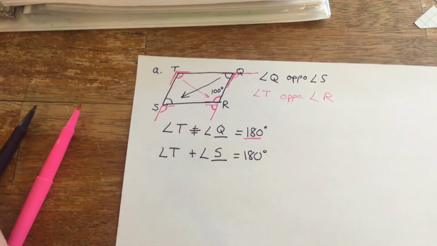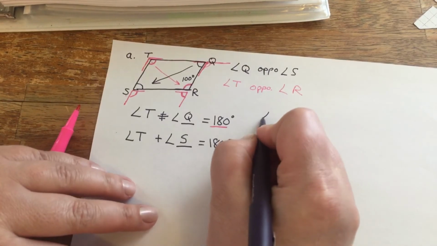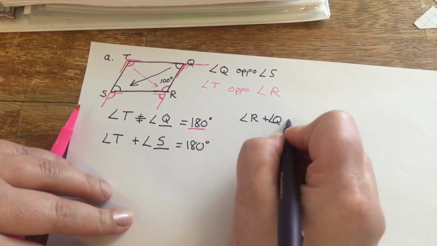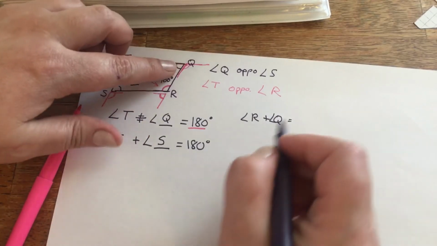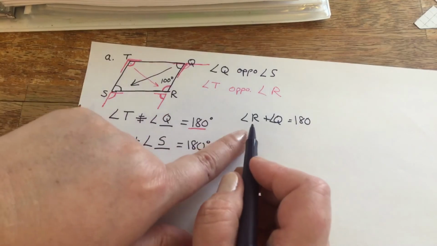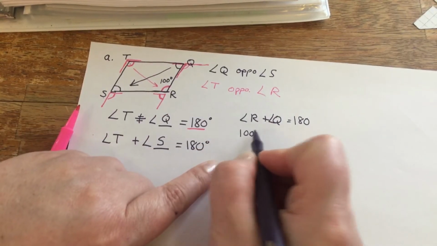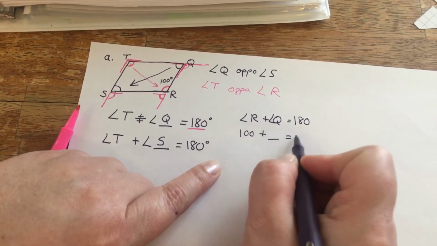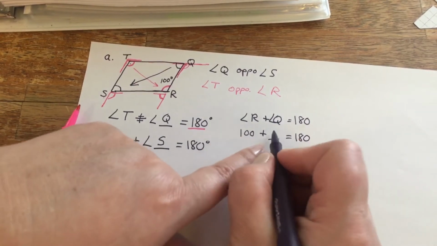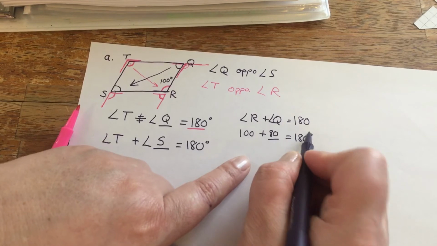Well, angle R plus angle Q should equal 180 degrees, because they're side by side. So we know the angle R is 100. 100 plus what equals 180? Well, I know that 100 plus 80 is 180.